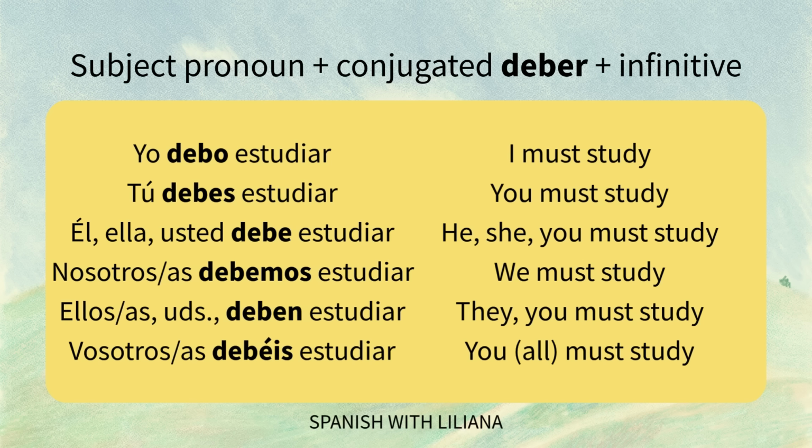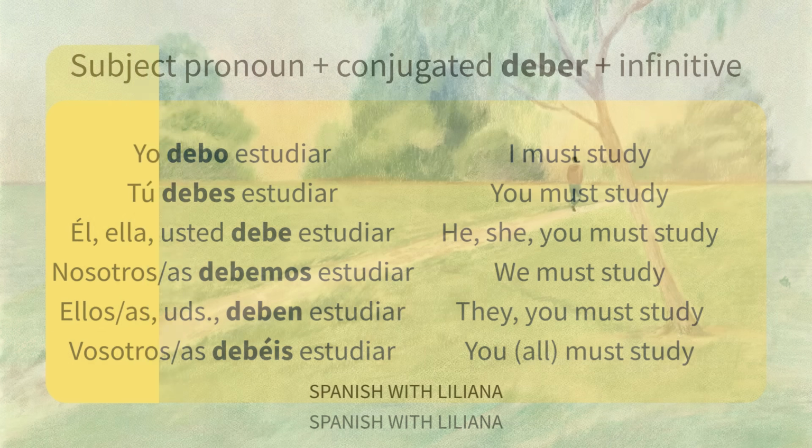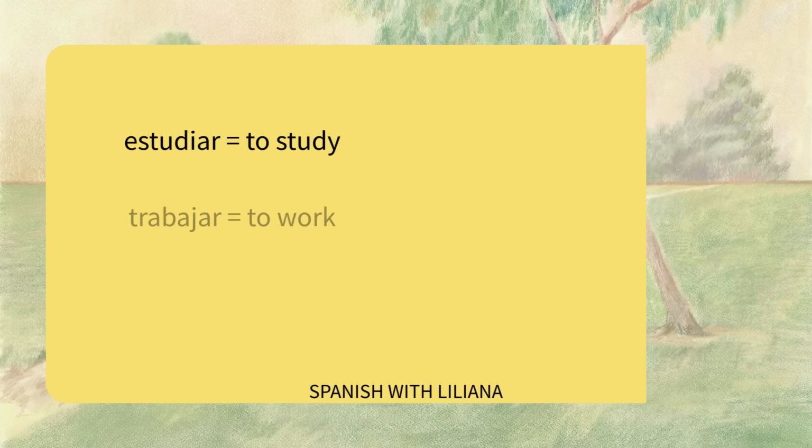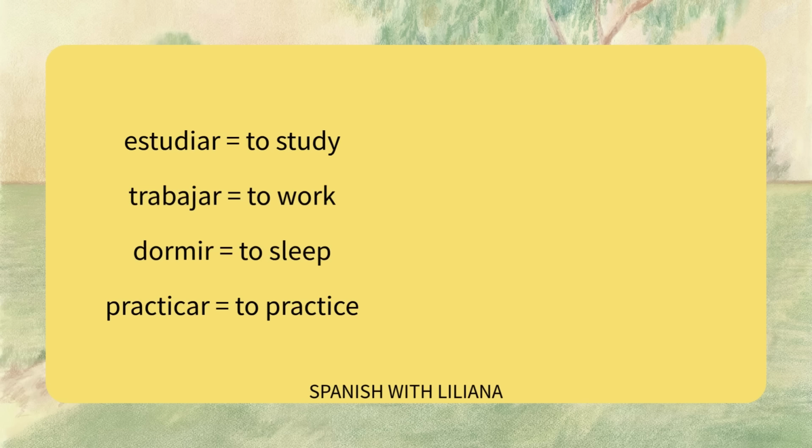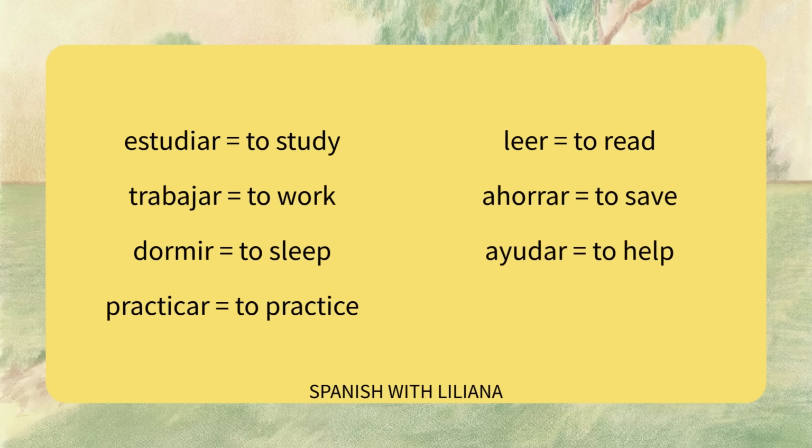So again, here we can just switch the infinitive verbs. Estudiar, to study. Trabajar, to work. Dormir, to sleep. Practicar, to practice. Leer, to read. Ahorrar, to save. Ayudar, to help. Cocinar, to cook.